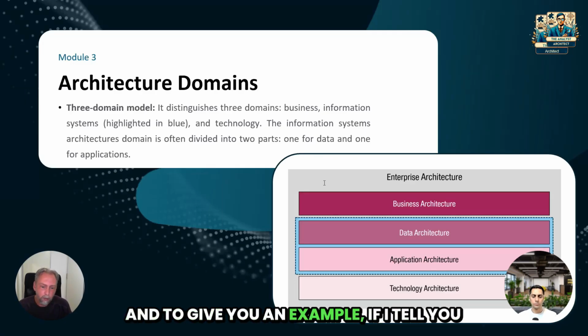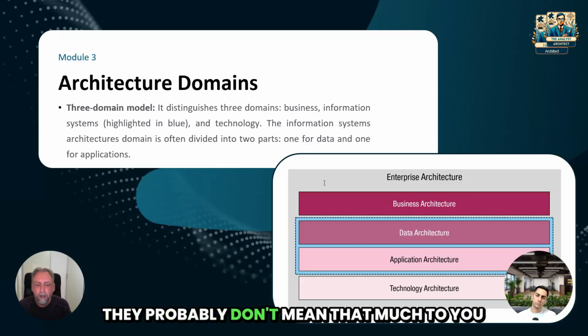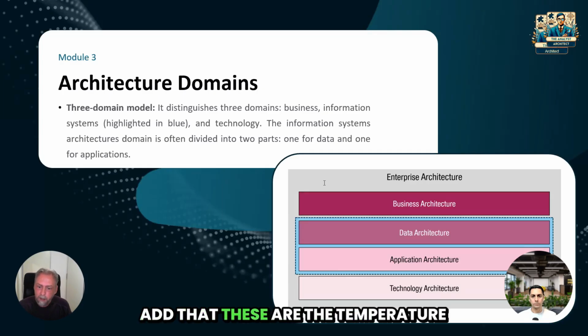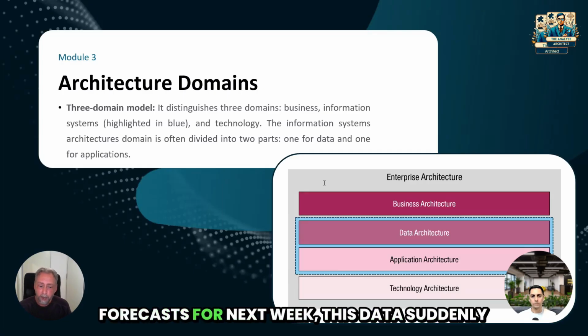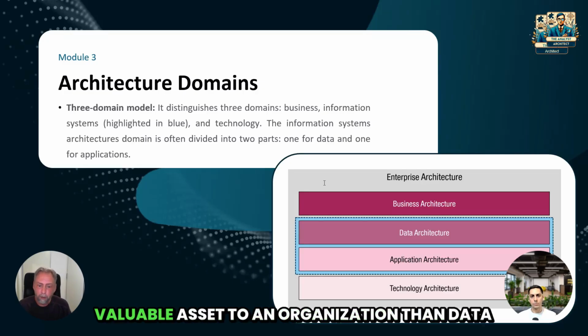And to give you an example, if I tell you the numbers 21, 22, 23, 24, and even 25, they probably don't mean that much to you at first. Now, these are raw data. However, if I add that these are the temperature forecasts for next week, this data suddenly becomes meaningful. It becomes information. So I think that information is a more valuable asset to an organization than data alone.